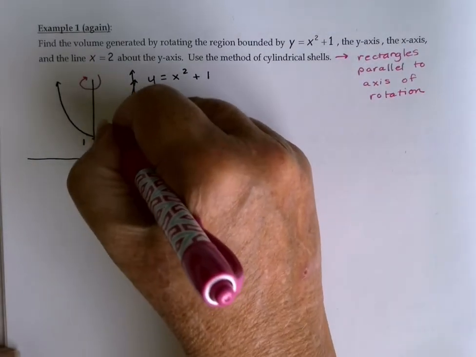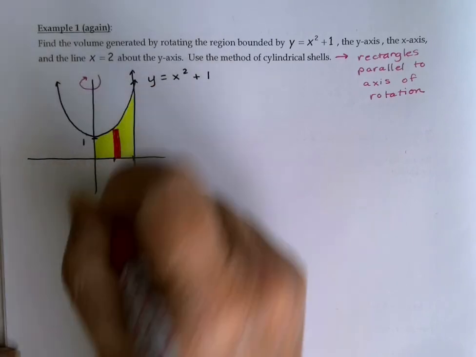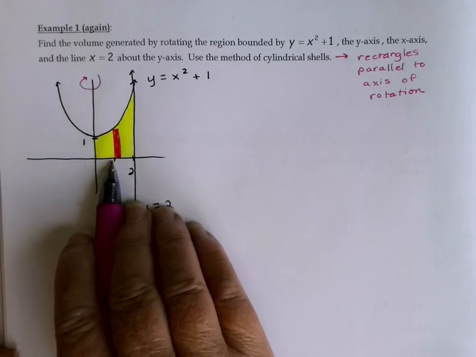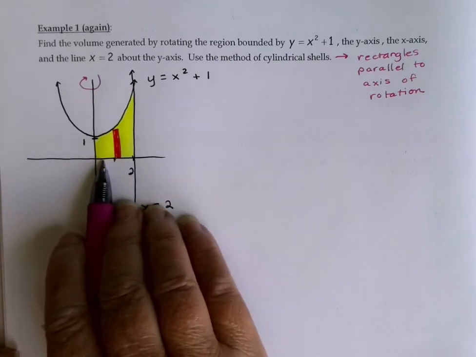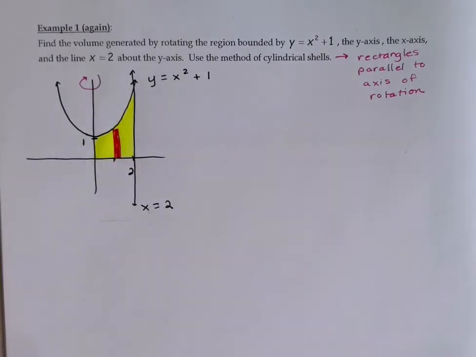So I could draw a representative rectangle this way. And of course, what's really nice about that is the fact that that same rectangle really is representative no matter where I draw it. It's always going to go from the x-axis to the parabola every single time. So I only have to set this up once.